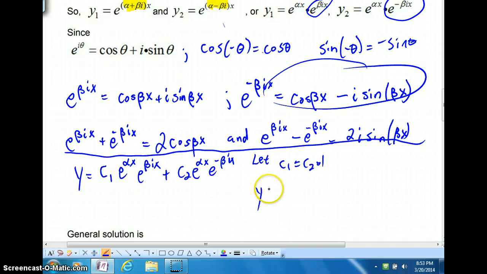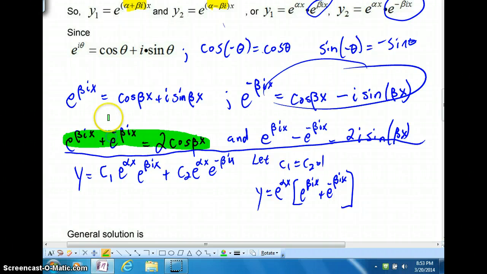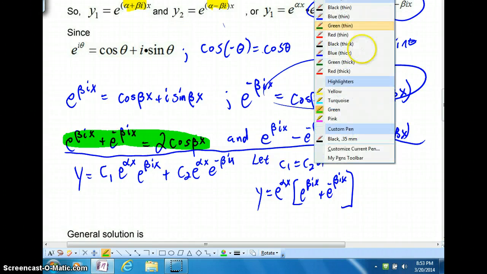And if that's the case, tell you what, we could factor out e to the alpha x from both of those. What's left? e to the beta ix plus e to the opposite beta ix. That's why I did some preliminary work before. If you look above right here, we did some work as to what occurs when you add those two together.